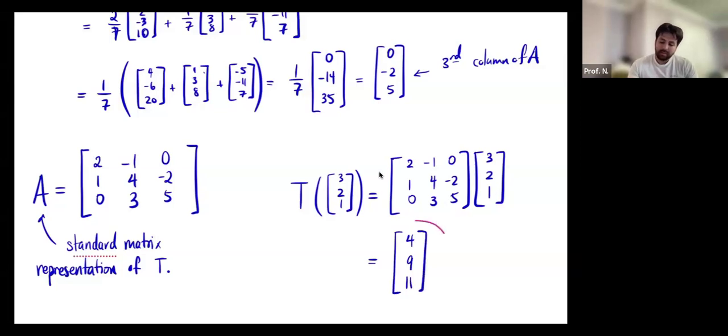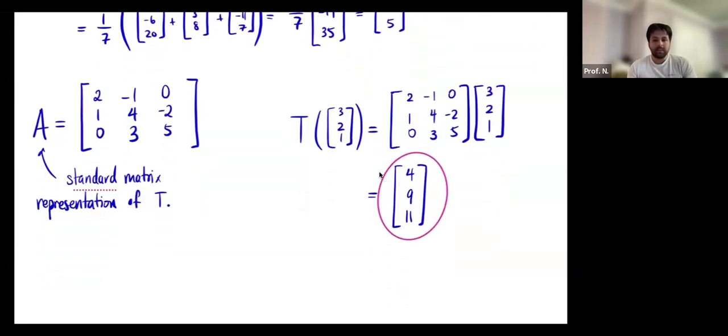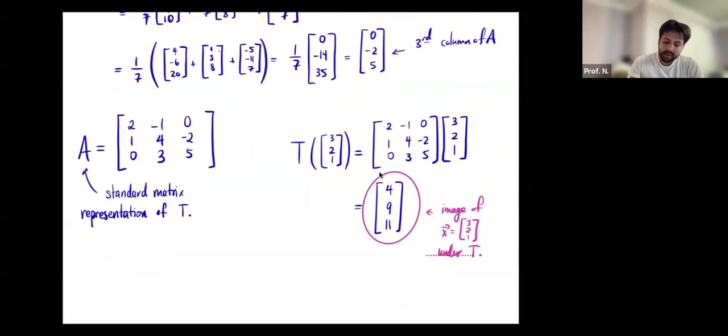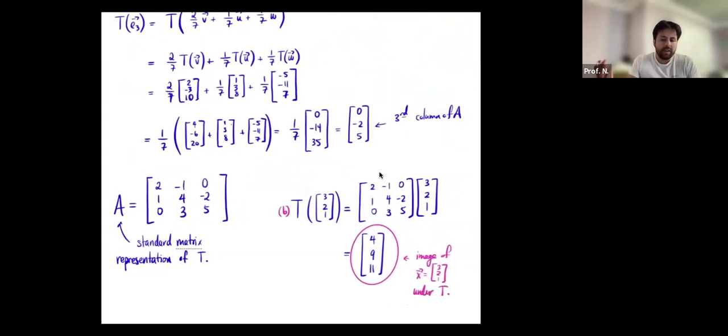This is the image of 3, 2, 1 under T. So look how quick part B was. Very quick, very straightforward. Finding the standard matrix representation in this problem was harder, longer, more involved. But a good problem nonetheless.